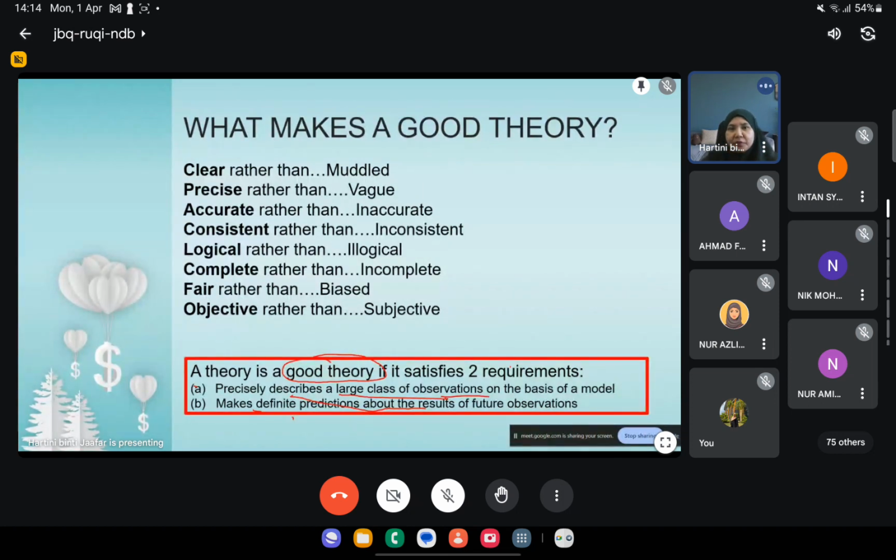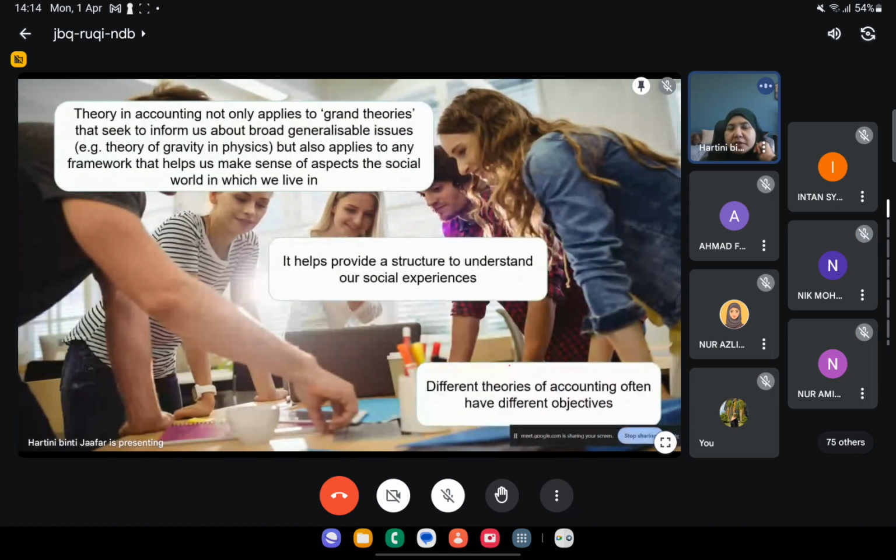It's not proven. Okay. So when we zoom in into accounting, we can say that theory in accounting not only applies to grand theories, but mind you, as I said before in the previous class, in accounting, we don't really have our own theory, unfortunately.